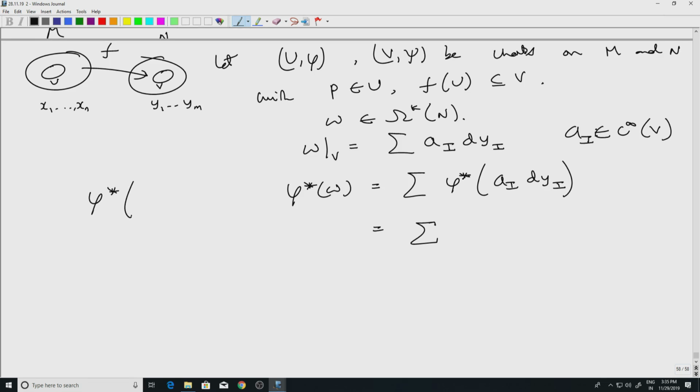Let me look at a more general thing. Suppose f is a C infinity function on N, and omega is a k-form on N. I claim that phi star of f omega is the same as f composed with phi, multiplied by phi star omega.